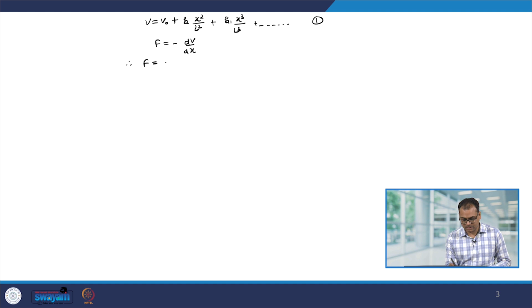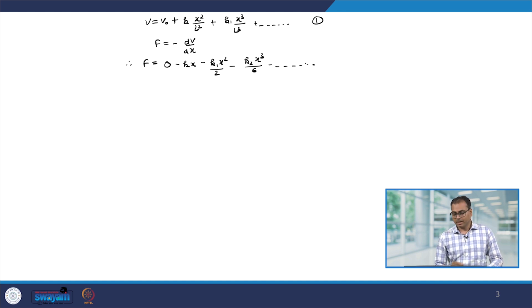So, therefore, that is equal to 0 minus x square differentiation is 2x. So, we get and 2 will get cancelled with factorial 2. So, we have k x minus k1 x square over 2 minus similarly k2 x to the power 3 divided by 6 minus dot dot dot. Let us call this equation number 2.